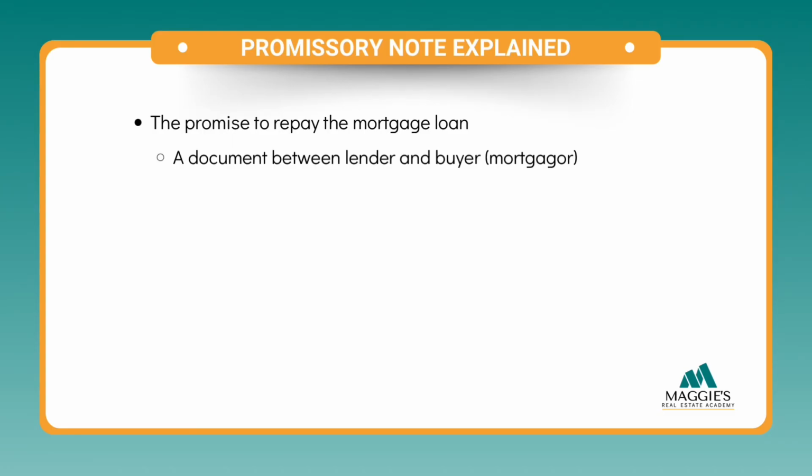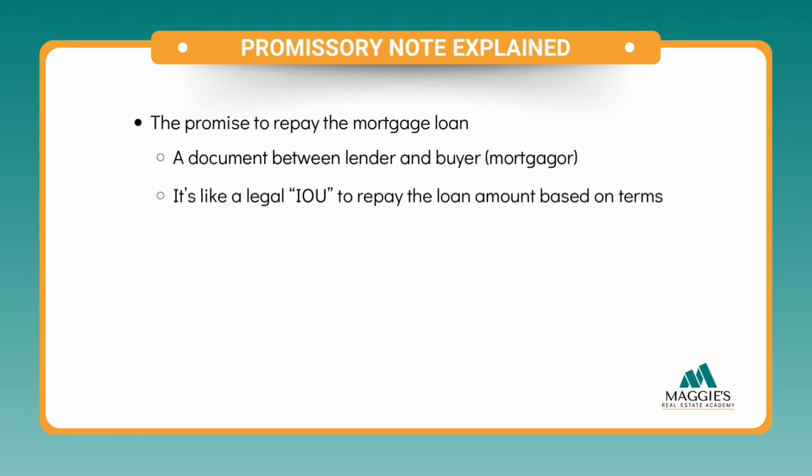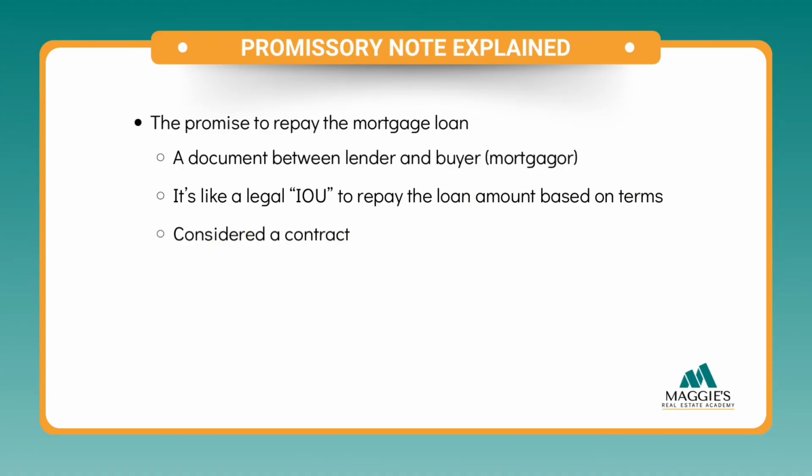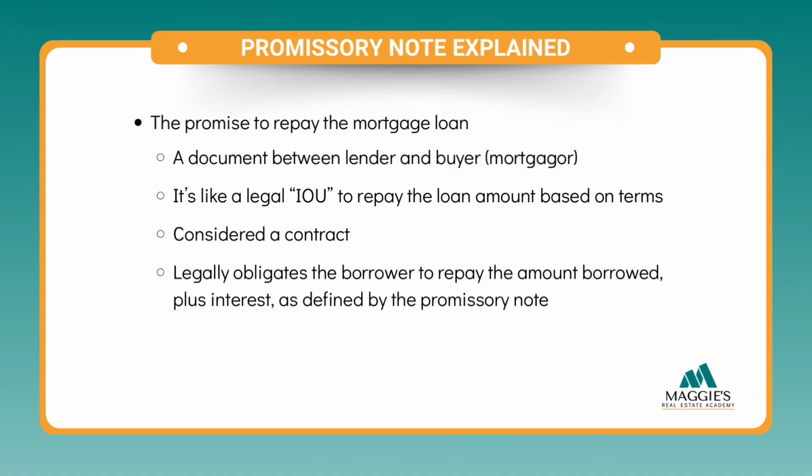Think of it like a legal IOU that says the borrower agrees to repay the loan amount based on the terms of the loan. The promissory note is issued by the lender and signed by the borrower. It is considered a contract, and signing it legally obligates the borrower to pay back the amount borrowed, plus any interest, as defined by the promissory note.